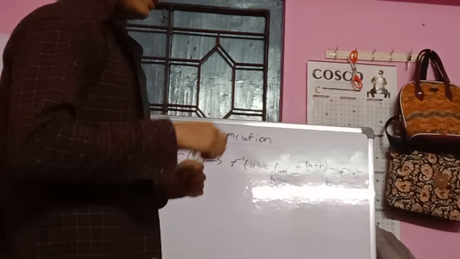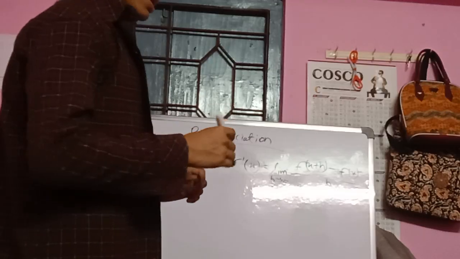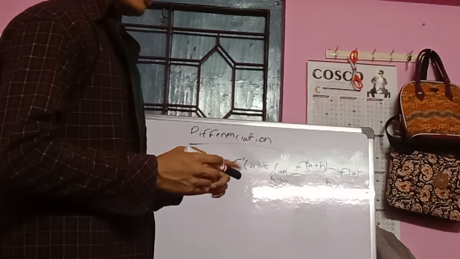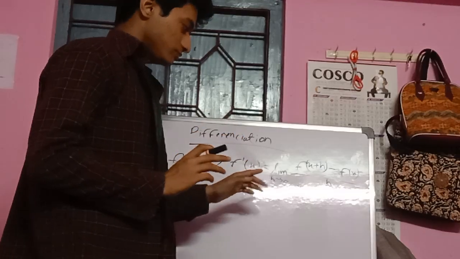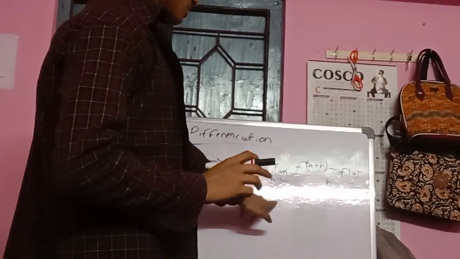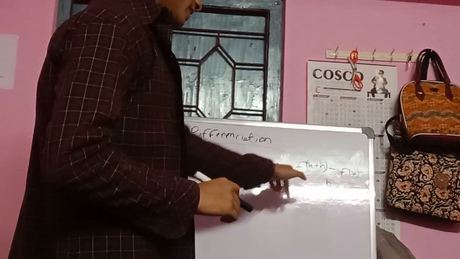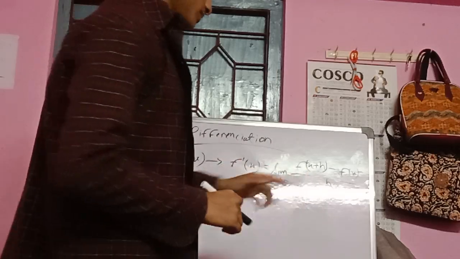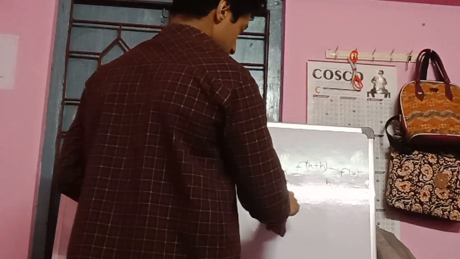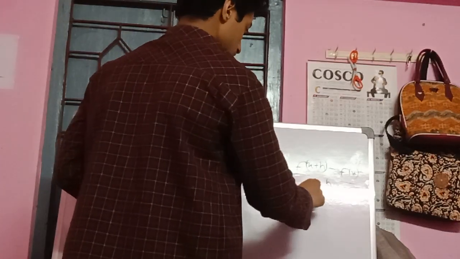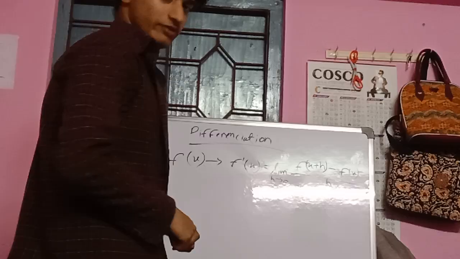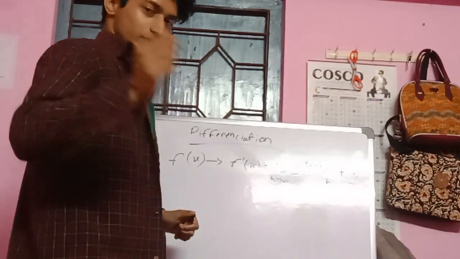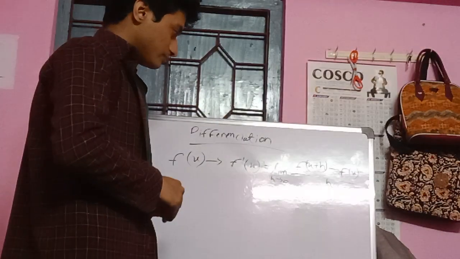The first example was bigger than 0, and the second was smaller than 0, but both are very close to 0. This limit is just telling us that h tends to 0. We cannot plug in 0 for h, because if we do that, this whole thing will be divided by 0, and dividing anything by 0 is not defined in mathematics. It's infinity, and infinity is not defined in mathematics.